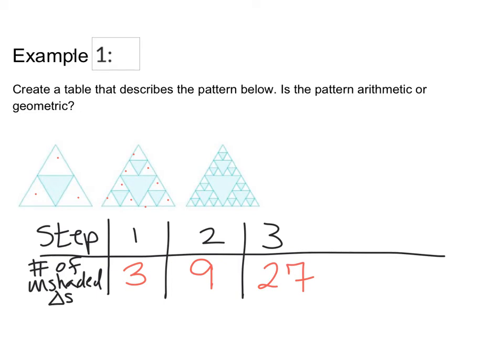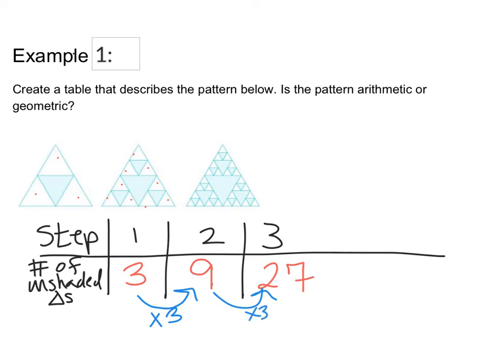So question. How are the number of unshaded triangles increasing? They're getting smaller, but the number is getting bigger. So we're multiplying by what? By 3. Multiplying by 3, right?